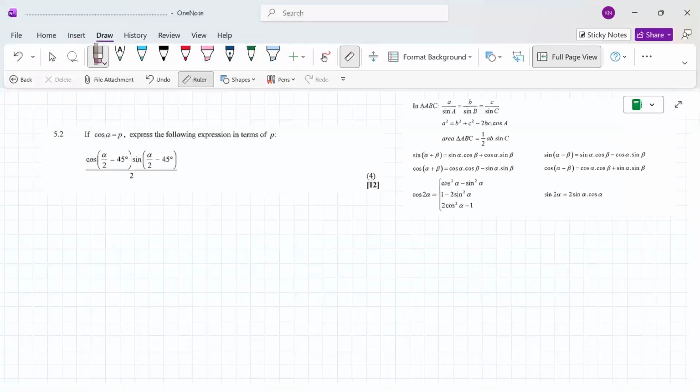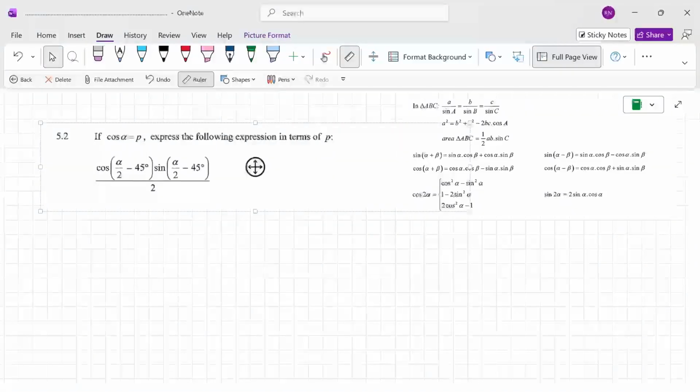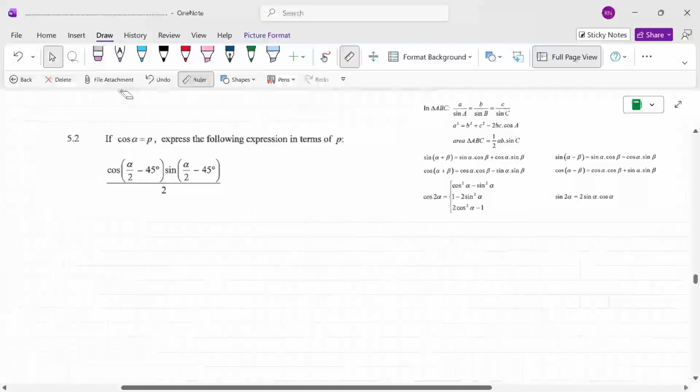Okay, let's see. First of all, in my bracket, I have alpha divided by 2, but in my expression at the top, it's just alpha. So I'm going to have to do something to change that alpha divided by 2 into an alpha because I can't compare it to P until it's just alpha.